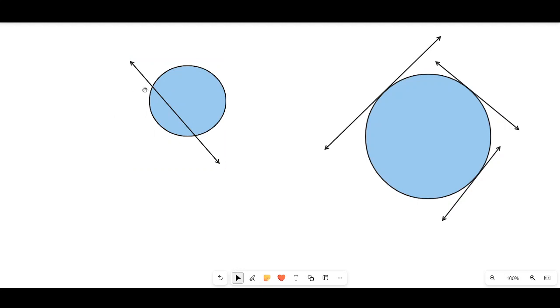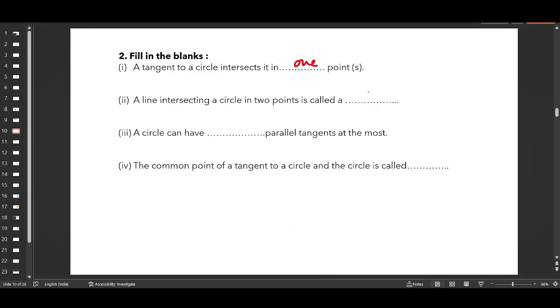So we have cleared this. This is a secant, because this gives a chord, this gives a segment. Clear? This gives 2 points, so this is not a tangent line. So we can say this is a secant line. So here we will put secant. Clear?